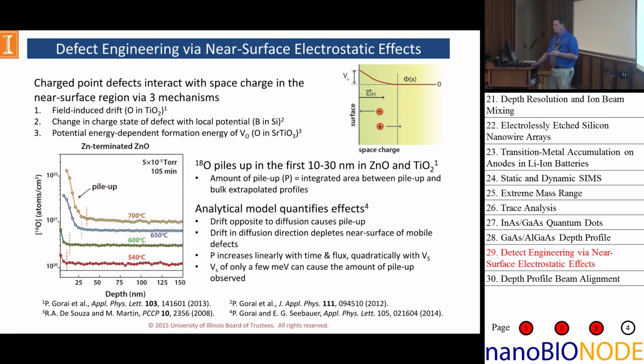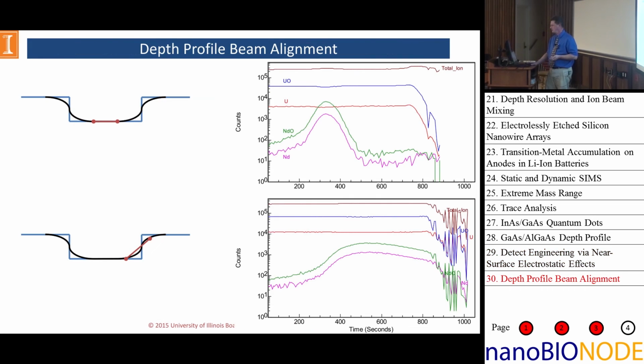If you do that poorly, you could end up having your analysis area spread out over many different depths. Then you get results that look very different from what you expect and are impossible to analyze. The takeaway here is to have samples big enough that you can do your alignment and your profiling on the same sample.